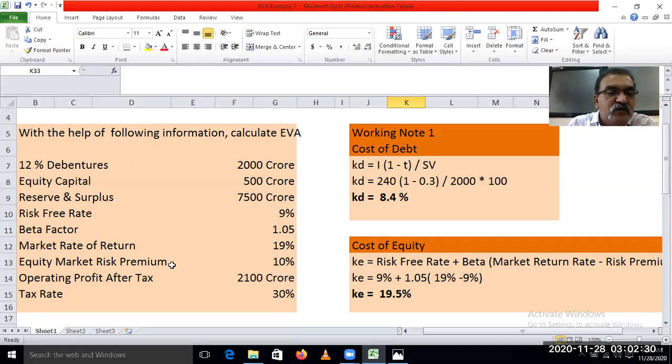With the help of this information, we have to calculate economic value addition, that is EVA.